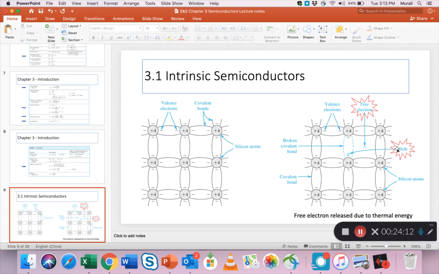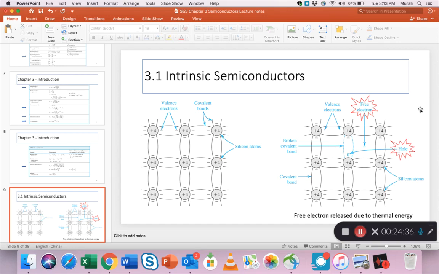Both holes and electrons are very important to understand electronic circuit behavior and actually device behavior. So I want you to become comfortable with the idea of a hole: where there is no electron, that absence is called a hole. You can see why understanding holes is important in a minute.